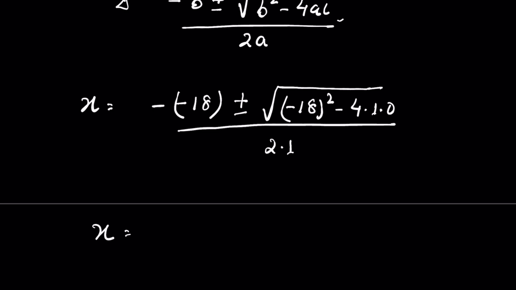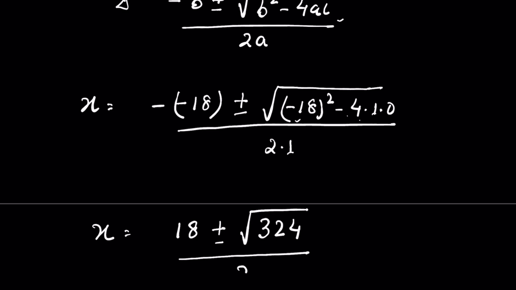Minus minus plus, so it is positive 18. Plus minus, 18 here is inside the bracket, so this will also be squared, so it will be positive 324 under square root. 4 times 0 is 0, so it is 0 here, upon 2.